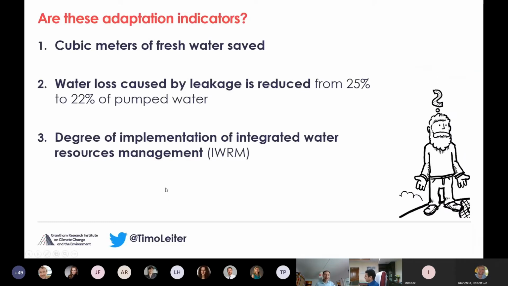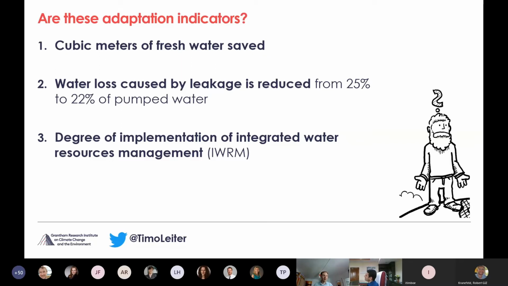We want to do a little interactive exercise with you, jumping straight into adaptation indicators. This slide includes three indicators. And the question to yourselves is, do you think these are adaptation indicators? The first one, cubic meters of fresh water saved by your intervention.